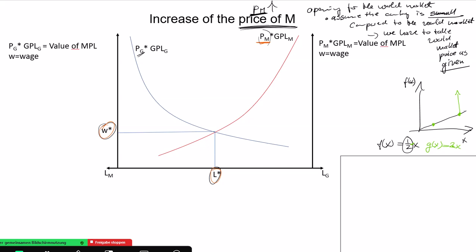The absolute change from 2 to 4 is 2. And here the change would be only 0.25. So now we have not a linear line, but we have a somehow bended curve, but we have the same interpretation.